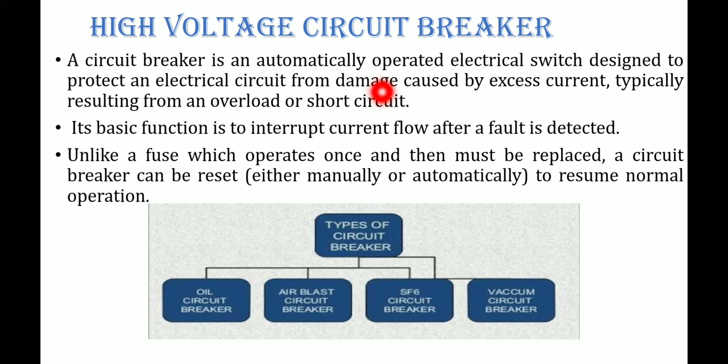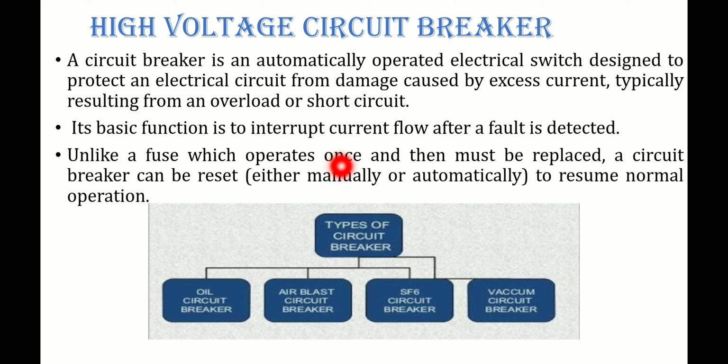Then what is the difference between a fuse and a circuit breaker? A fuse interrupts the current, and a circuit breaker also interrupts the current. One difference is that a fuse operates only once. Once the fuse wire is blown out, we have to replace it.